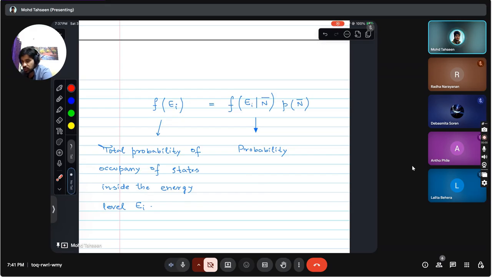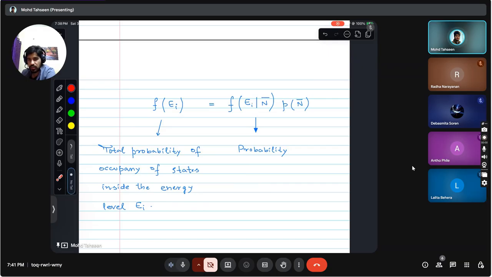It just wants to know that we give it a particular energy level, and we want it to return the probability of occupancy. But in turn, it will actually depend on the distribution. The probability that we want to calculate depends on what kind of distribution is present there.